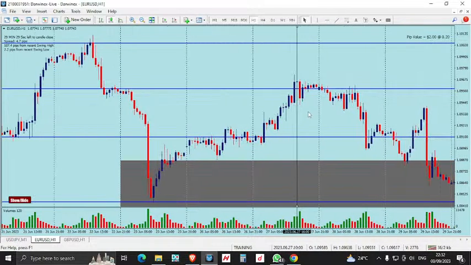And what happened again? We have a bearish engulfing candlestick pattern. So once you see this, assuming you are not out already, it is an opportunity to exit the market.